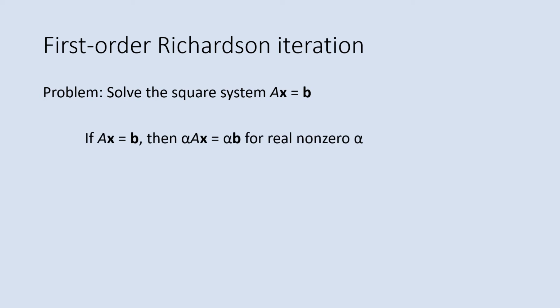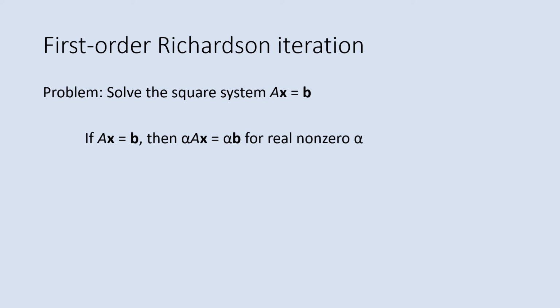And so the idea of the method is based on some algebraic manipulation of the system. We don't know x, but we're going to manipulate this a little bit and take a look at some things that happen. So if A times x is equal to b, then we can multiply both sides of that by a number, and we still have equality.